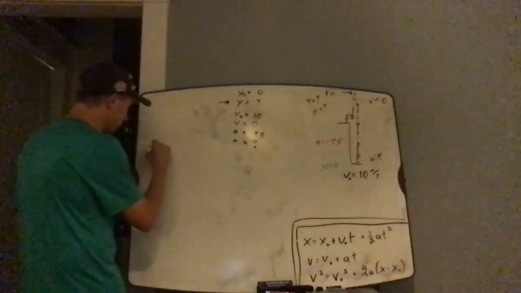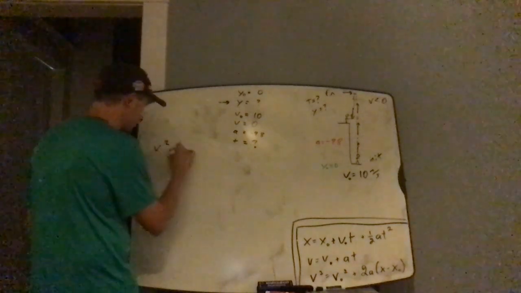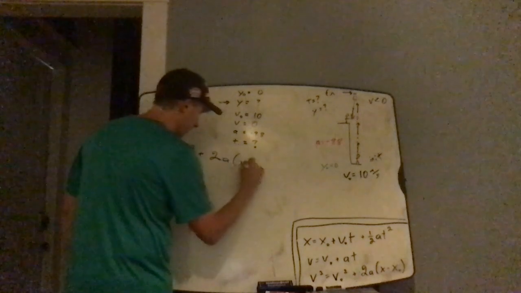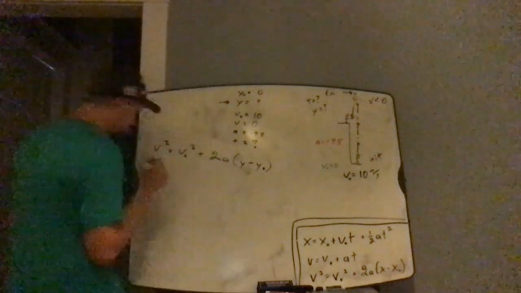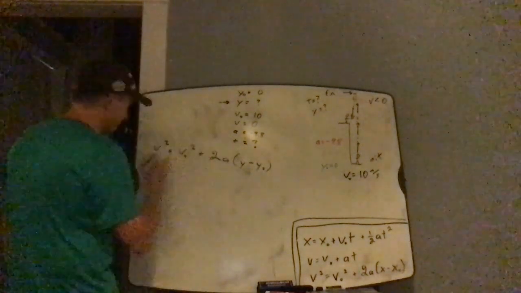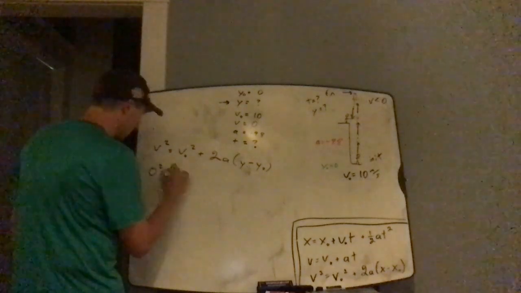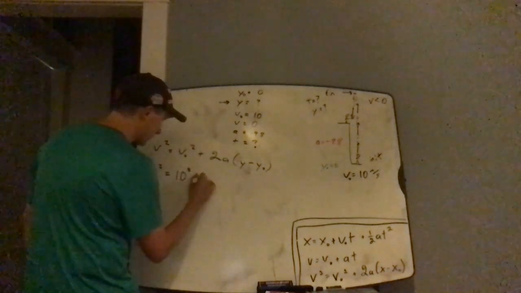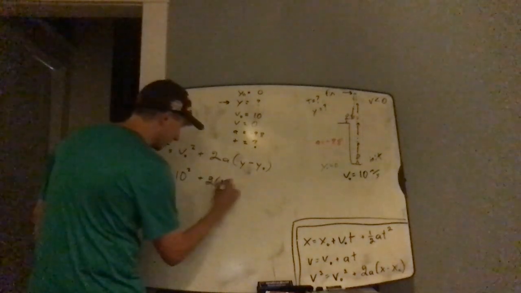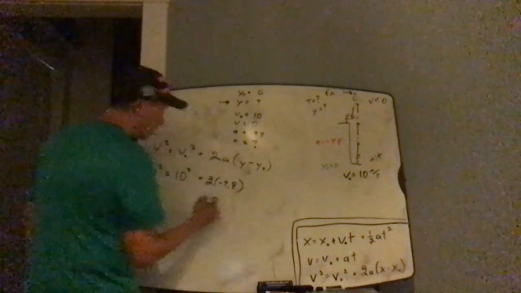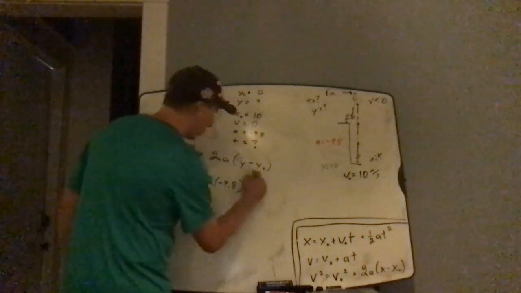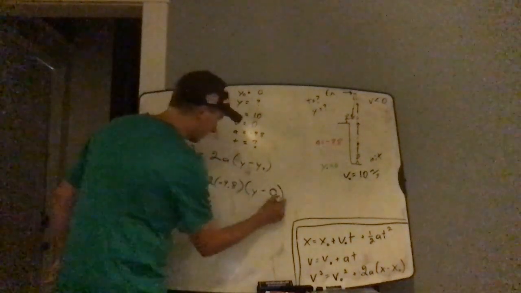Let's say I want v squared is equal to v initial squared plus 2a times y final minus y initial. V final is 0. V initial is 10 squared. Plus 2, negative 9.8. Maximum height is what we want. Initial height is 0.